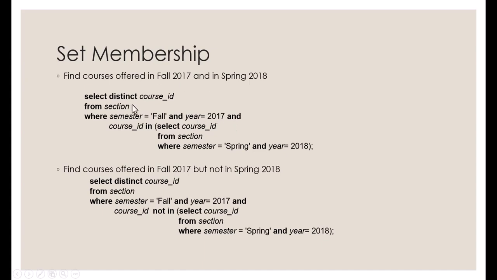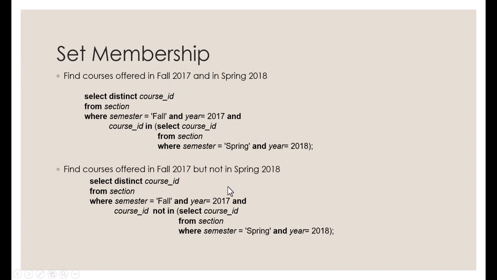So this first portion is going to return a bunch of course IDs that are offered in fall 2017, and then we have another condition, and course ID in, and then we have a subquery. Okay? So this subquery will return all of the course IDs that are offered in spring of 2018. So if this course ID also appears in this list of course IDs, those will be returned. That's why this will return all the courses offered in fall 2017 and spring of 2018.